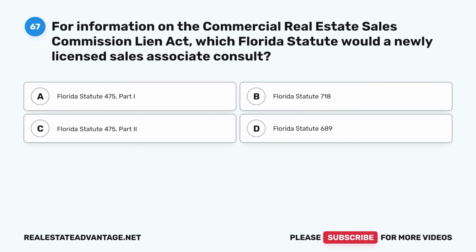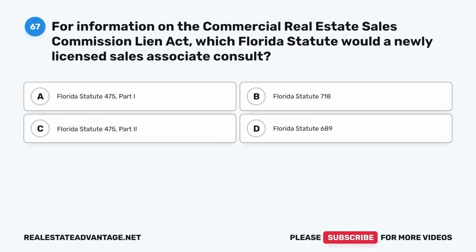Question 67. For information on the Commercial Real Estate Sales Commission Lien Act, which Florida statute would a newly licensed sales associate consult? A. Florida Statute 475, Part 1. B. Florida Statute 718. C. Florida Statute 475, Part 2.